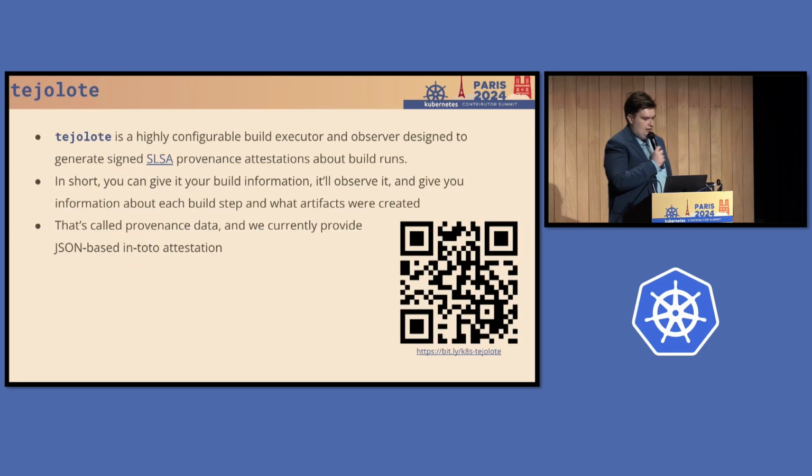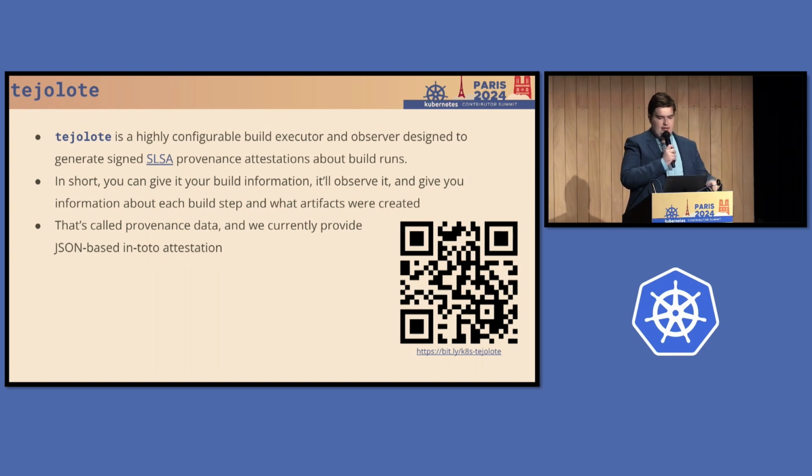And there is one more tool that I would like to highlight, which is also pretty awesome, Tejolote. There's an official definition of it, but we don't have a lot of time. In short, it works in a way that you can give it your build information.